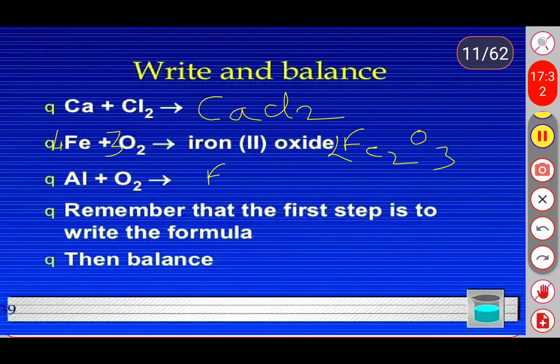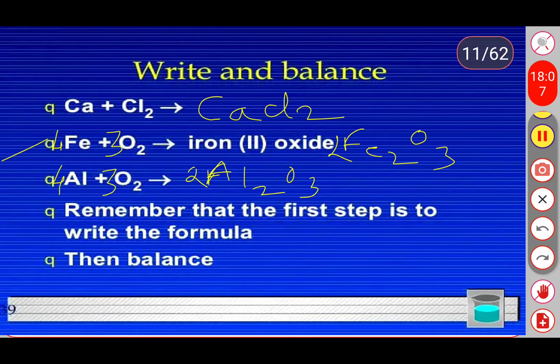See next one. When aluminium is combined with oxygen, it forms Al2O3, aluminium oxide. Now we need to balance the given equation. So take 4 in front of the aluminium, 3 in front of the oxygen molecule, and 2 in front of the aluminium oxide. So this reaction is now completely balanced.